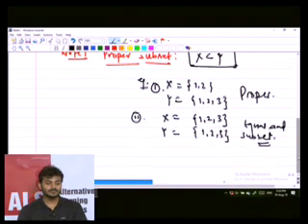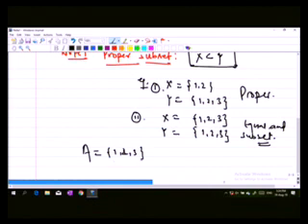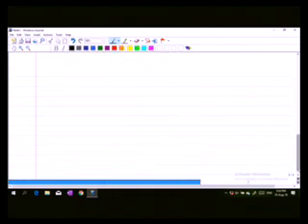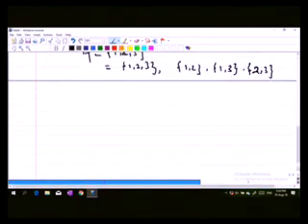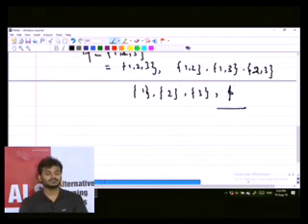Because, kids, you must be knowing this: if there are 3 elements 1, 2, 3, and I ask what the subsets are, you can write {1, 2, 3}, {1, 2}, {1, 3}, {2, 3}, taking two elements together, and then the single elements {1}, {2}, {3}, and phi. So there are a total of 8 subsets.